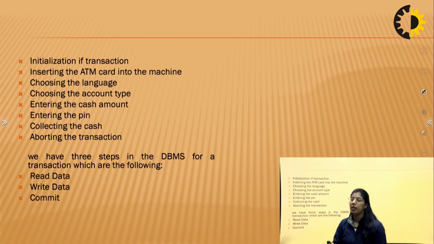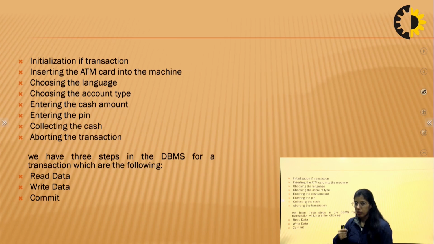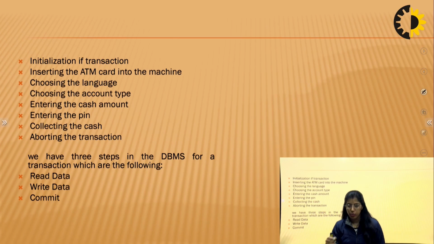Then after entering the amount, you enter your PIN in the machine. Then collecting the cash, because you want to withdraw it. And lastly, aborting the transaction: you press the cancel or exit button.